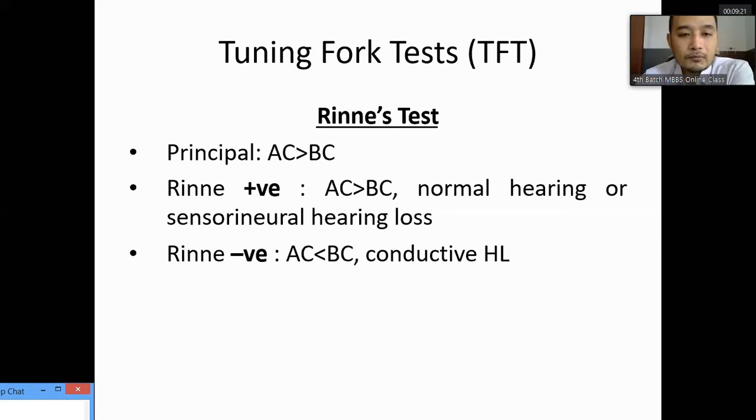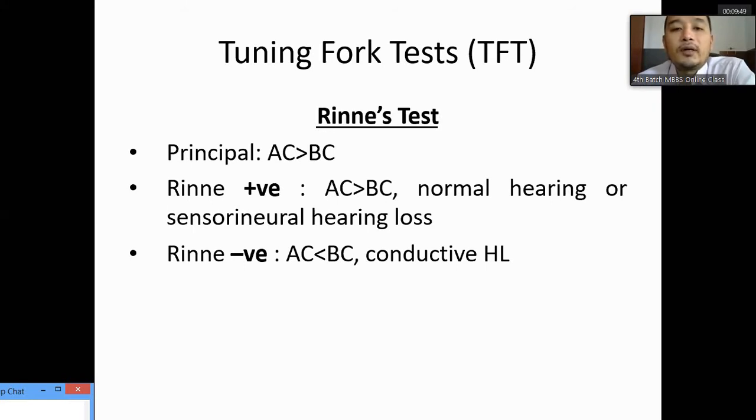Okay. Now the outcome of Rinne's test is either Rinne's positive or Rinne's negative. We call it Rinne's positive when air conduction is more than bone conduction. That means when we keep the tuning fork away from the patient's ear and the patient stops hearing the sound, and then we keep it over the mastoid, the patient should not hear the sound further.